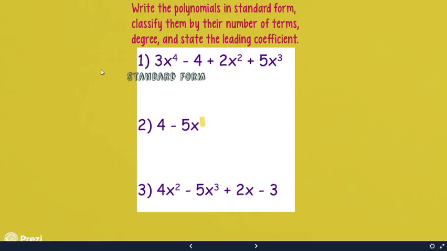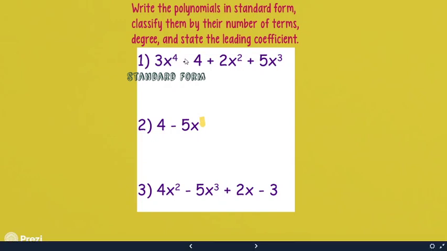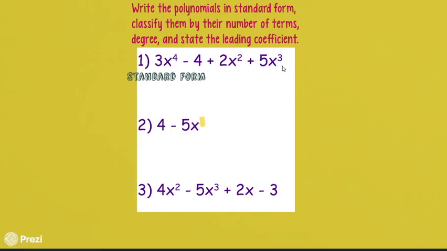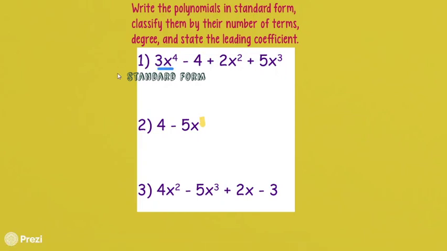So on example 5, standard form. We're going to start with the term that has the highest exponent. Looking at all these, my highest exponent, and again, when you guys are doing this, you're looking at the exponents on the variable, not the coefficient, so watch yourself. My highest exponent is a 4. So the first term I'm going to list is 3x to the 4th.